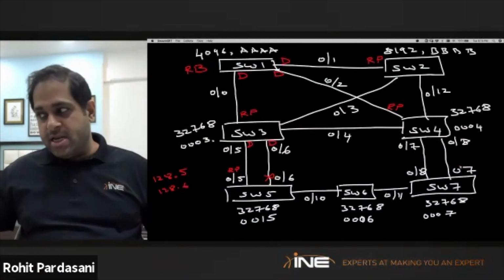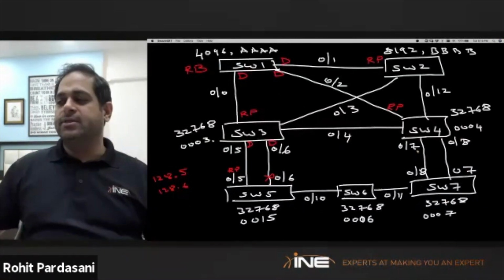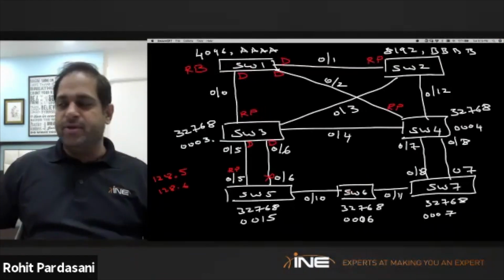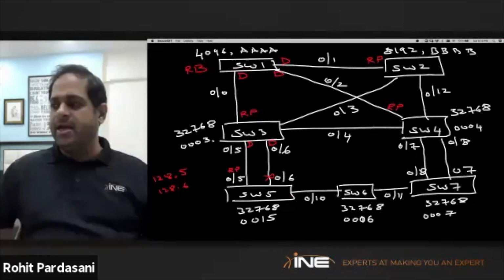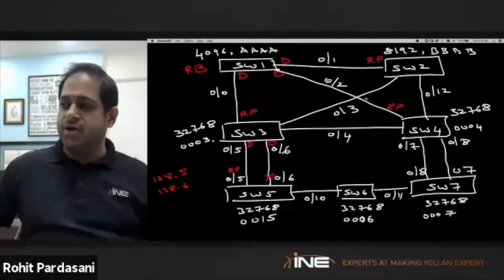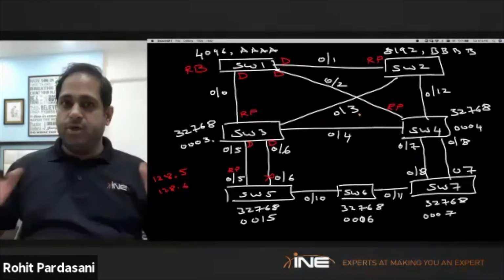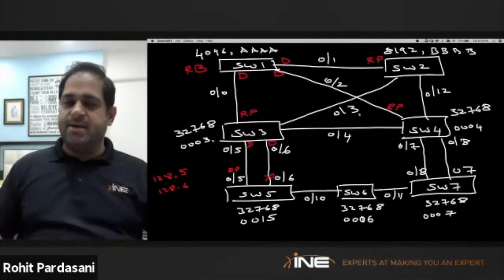Let's move on here and we'll see a bit difference. Let's talk about switch 6 first. So which one is going to be the root port? If he goes from the left side, it's 100 plus 100 plus 100, 300. If he goes from the right side, it's 100 plus 100 plus 100, which is 300. So cost is same. Let's compare bridge ID.